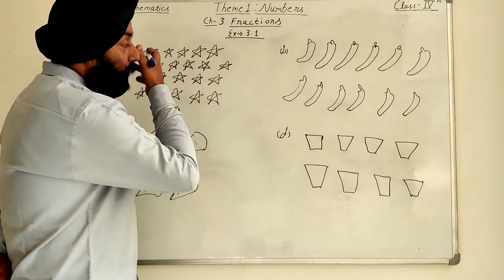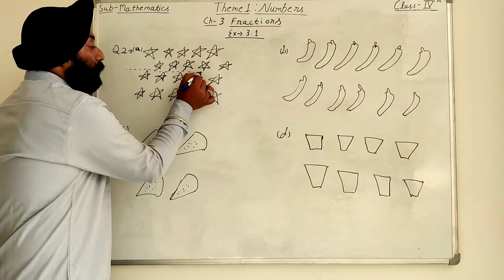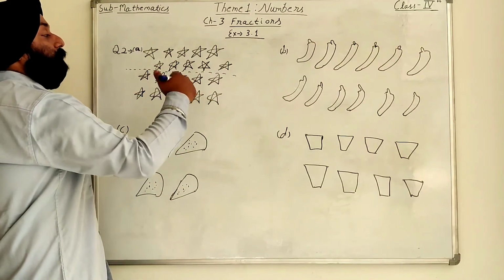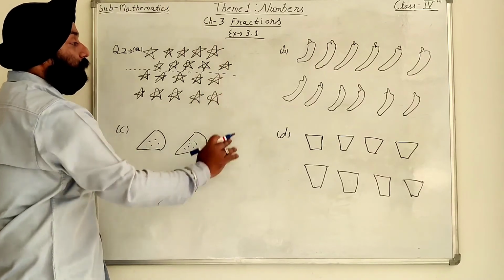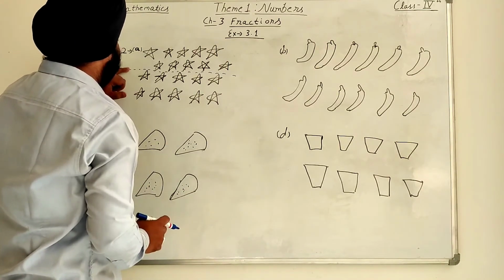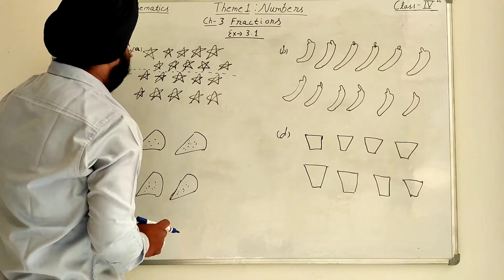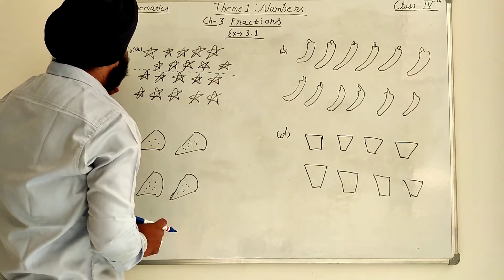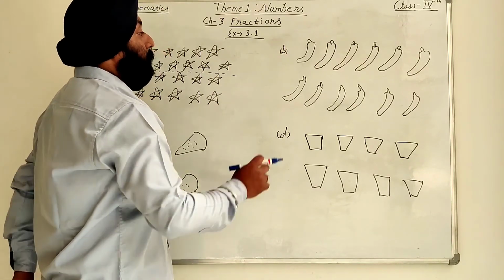According to the book, we have to divide in one half. So what we have to do? We draw a dotted line to separate it. We divide 1 and 2. Half part there, half part here. Two equal parts. 5 plus 5, 10 stars in the above row, and 5 plus 5, 10 in the below.